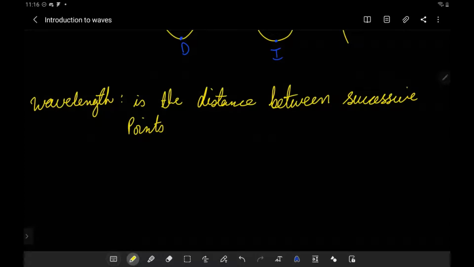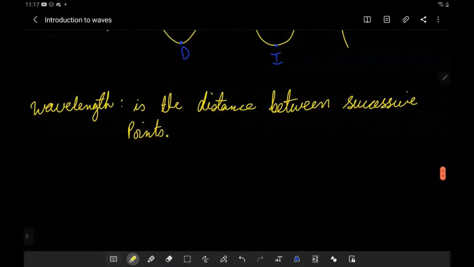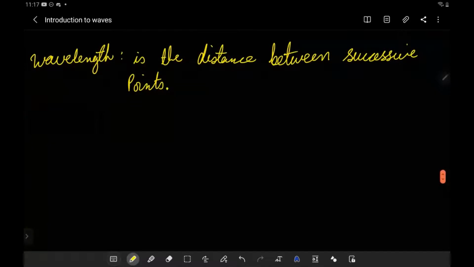Now, I know that the textbook may say the distance between successive points that are in phase, but if we use the wavelength to define phase, and we're using the phase to define wavelength, then we're using what we call circular reasoning. So I think this definition right here is sufficient. We don't need to say that they have to be in phase, because this one kind of says it already.